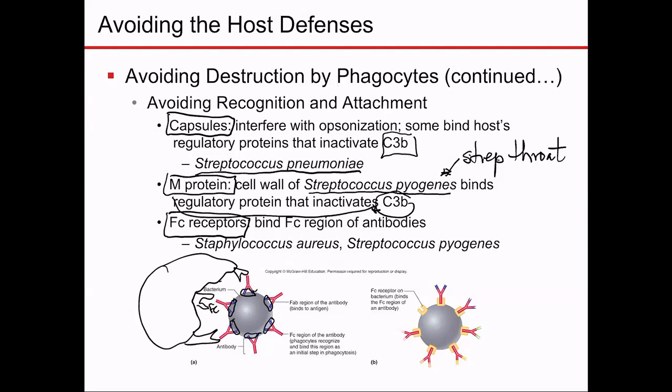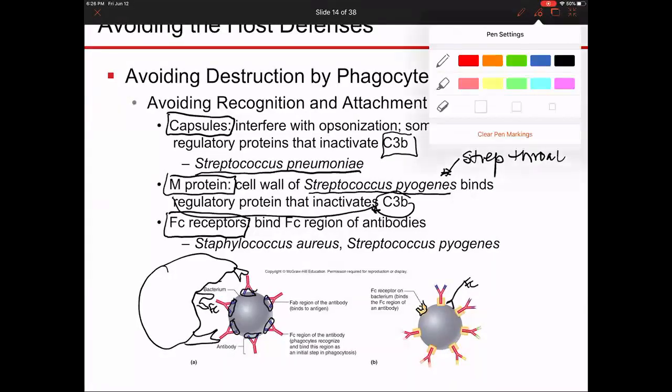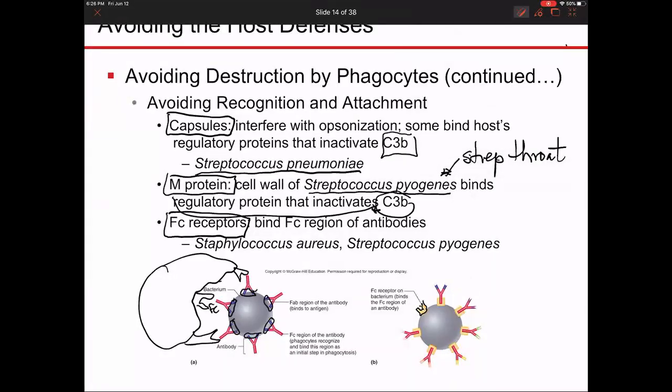Some pathogens bring on the surface of the cell a molecule that works as an Fc receptor. And then the antibodies, instead of binding in the correct orientation with the Fc facing out, will be captured by this Fc receptor on the surface of that bacteria.